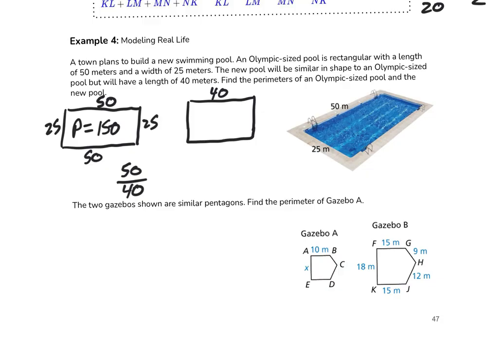Well, we don't know the width over here right now. So I don't have anything to compare 25 to. So what we're going to do is compare the two lengths. I'm going to compare 50 to 40, and then I can reduce that to be 5 to 4. This is what we call our scale factor. A lot of times we'll use the letter K for our scale factor.